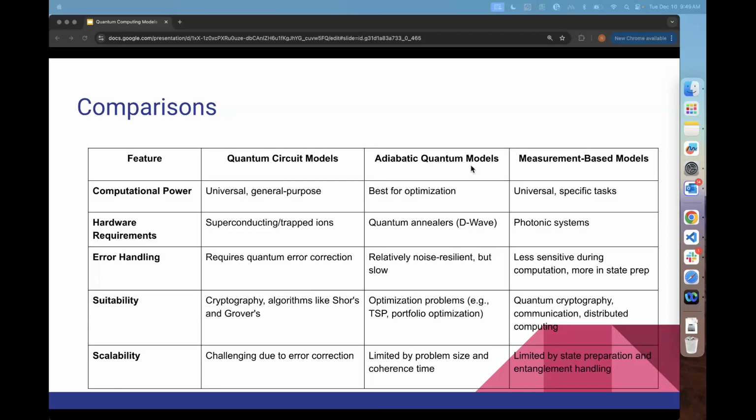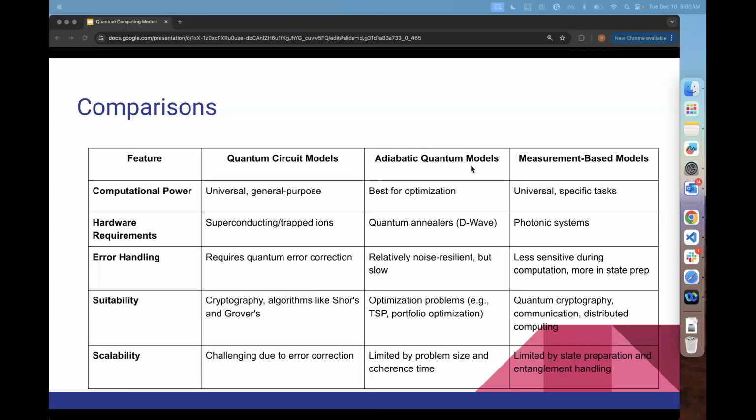So when you make such small corrections to evolve the Hamiltonian, it can be slow. And these are best suited for optimization problems, as I mentioned, like the traveling salesman problem, portfolio optimization, and so on. And scalability wise, these are limited by the problem's size and coherence time.